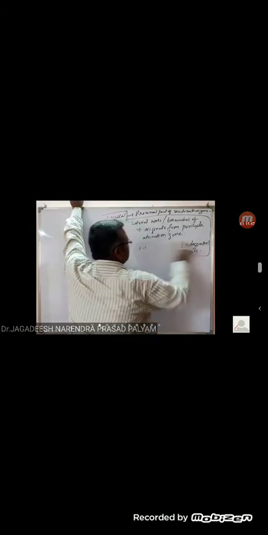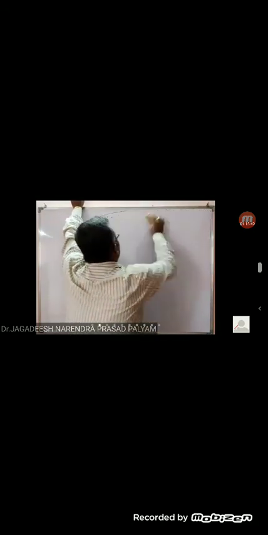Now this is about root hair. Have you drawn this diagram? Have you copied this diagram? Okay. Now, look here.